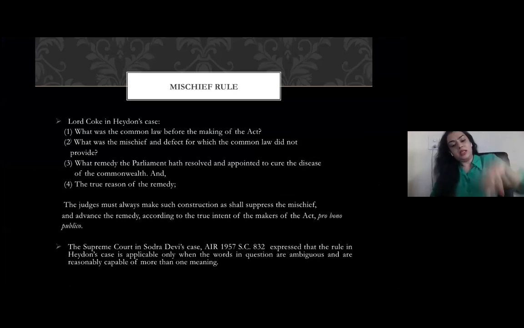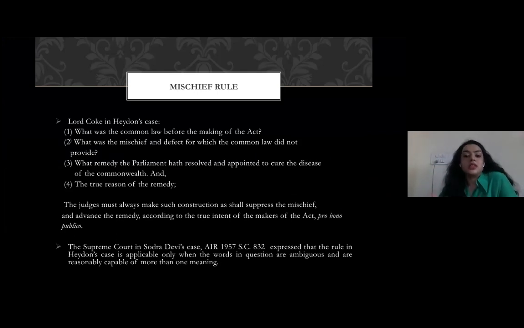It basically means that what we have to look at is what the common law was before. While interpreting any statute, we have to look at what the law was before, what the common law was before that statute. Then we have to look at what problems were arising, what was missing from that common law or those statutes of those times.